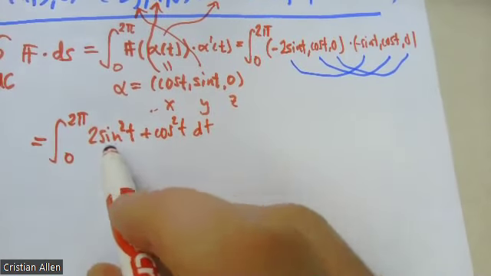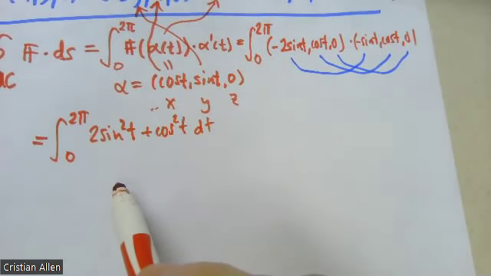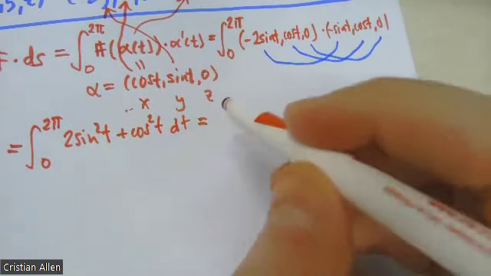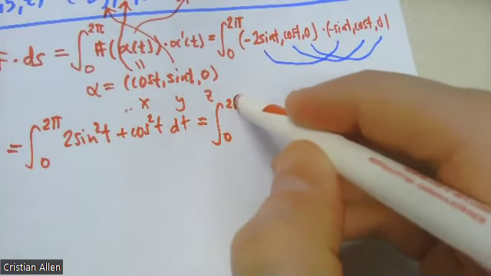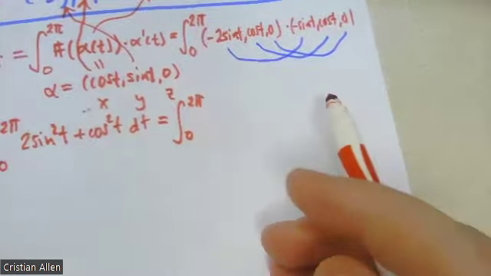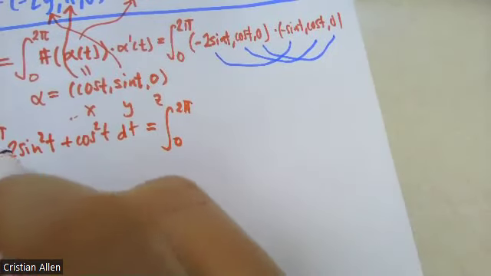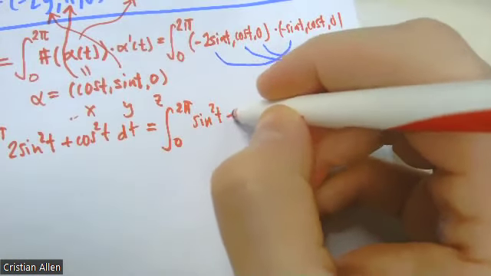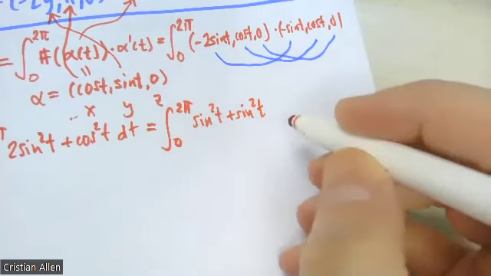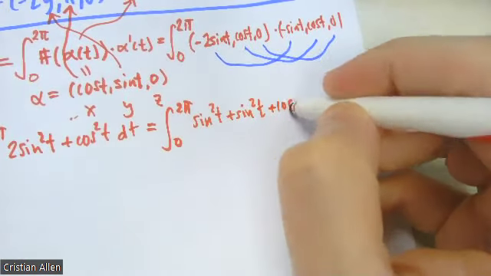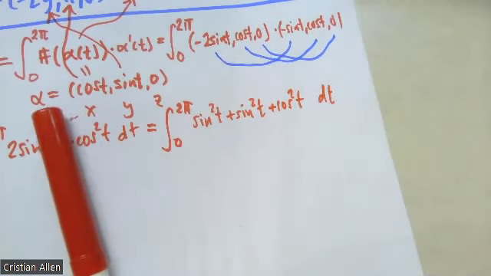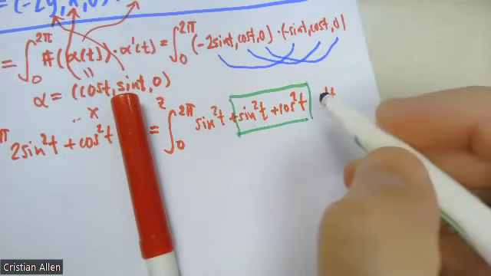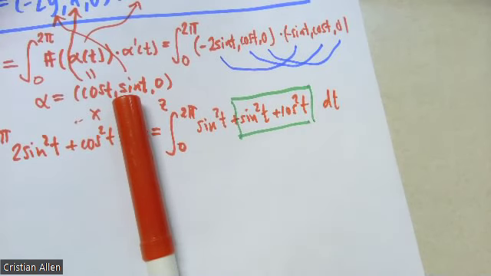Okay, so this, we can't exactly apply Gauss's theorem, can we? But what we can do is apply, sorry, I meant to say the Pythagorean theorem. We can break this 2 sine squared theta into 1 sine squared theta plus 1 sine squared theta plus cosine squared theta. And then we can say, hey, this is the Pythagorean identity of trig. So that's 1.